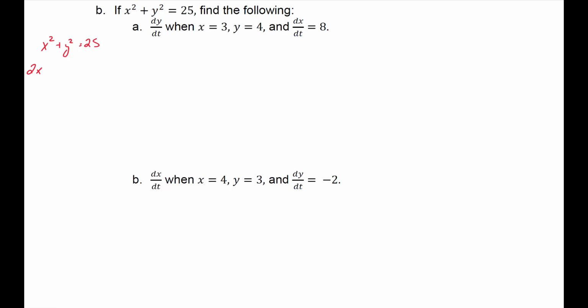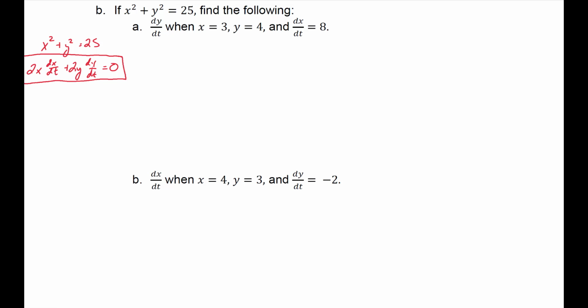The derivative of x squared is 2x dx/dt, because we're differentiating with respect to time, plus the derivative of y squared, which is 2y times dy/dt, equals the derivative of 25, which is 0, because it's a constant. So we have our equation for parts A and B: 2x dx/dt plus 2y dy/dt equals 0.